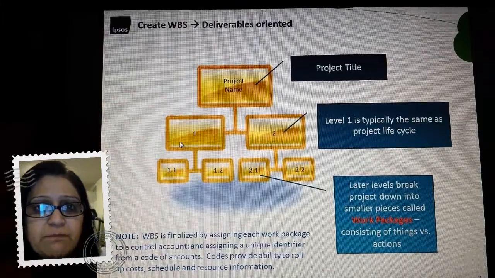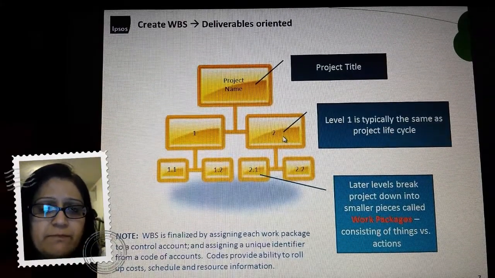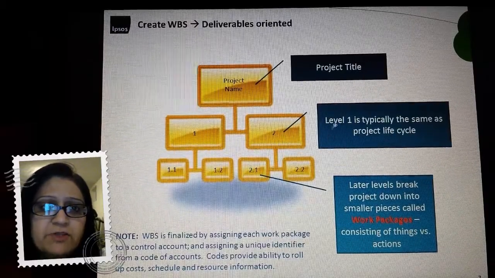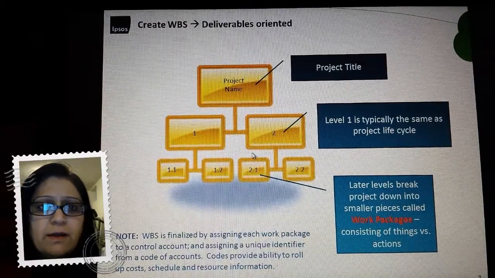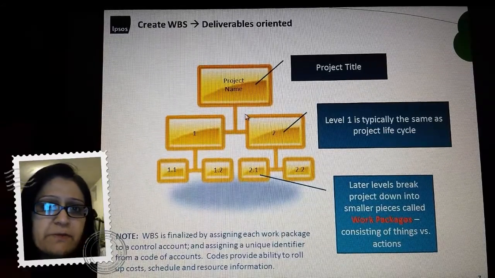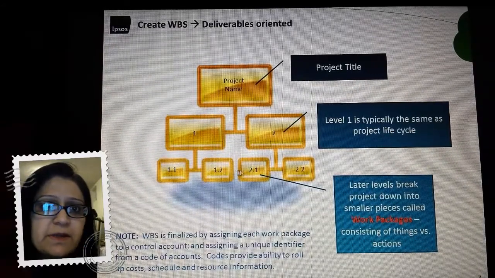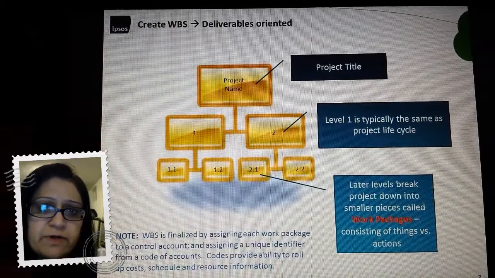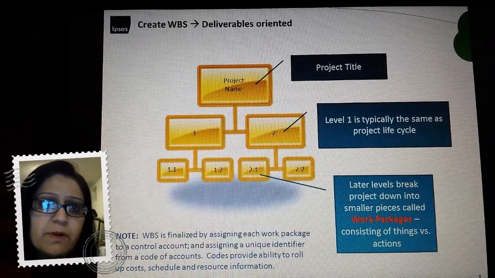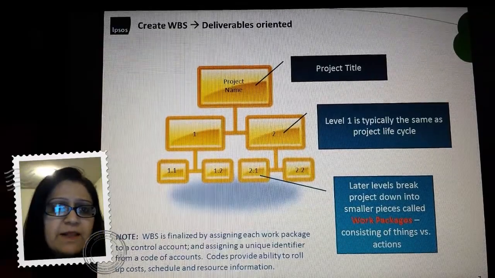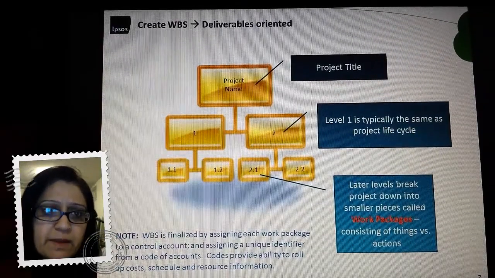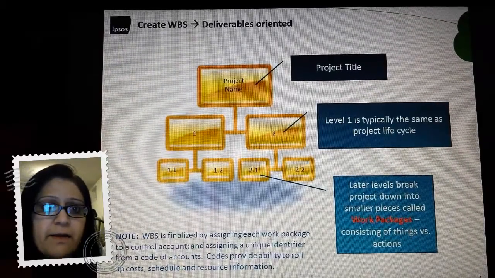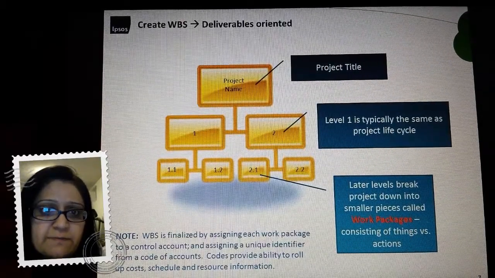So these could be legal, staffing, project execution, pilot team, etc., etc. And the little pieces here that are later levels beyond the first one are really broken down further, and the last level therefore is called a work package. It really consists of all the things that need to be done and the actions that need to be achieved.